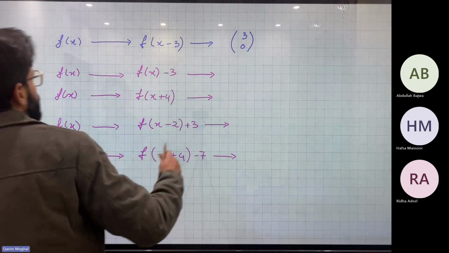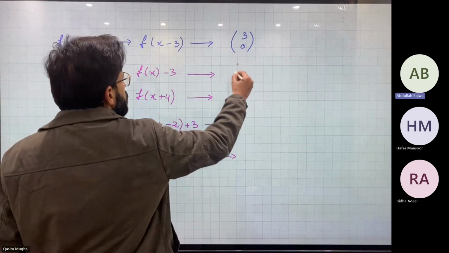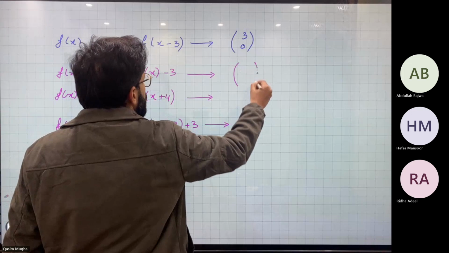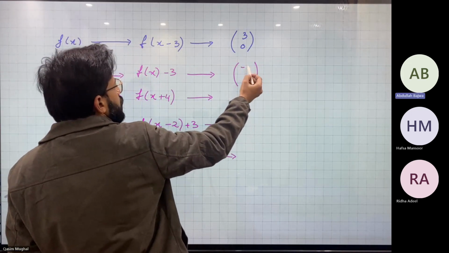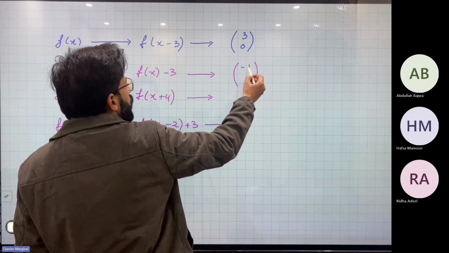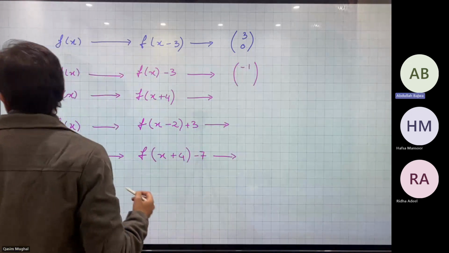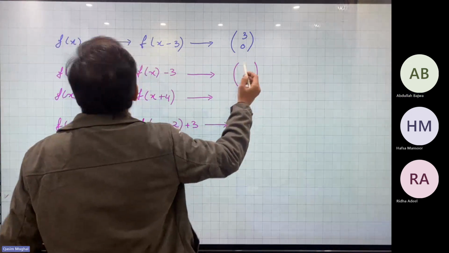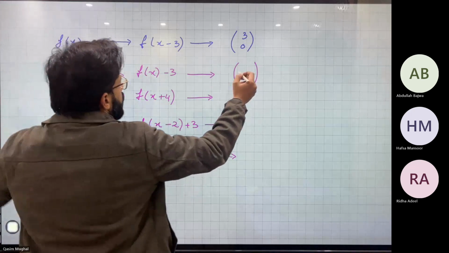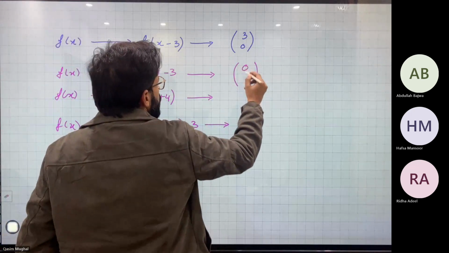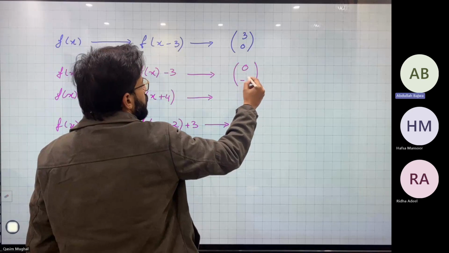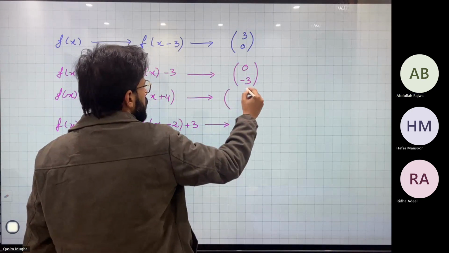हाँ जी, पहले का आंसर क्या है? -1 over -2. माइनस 1. -1. Sorry, 0, 0, 0. Sorry, 0. यस, पहले का आंसर है बेटा 0 एंड देन -3. एक्सेलेंट.